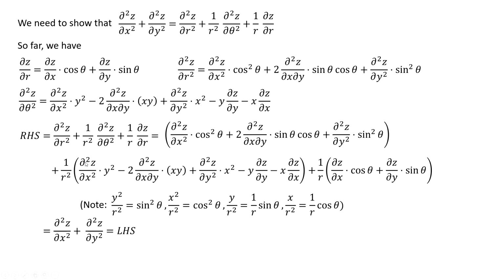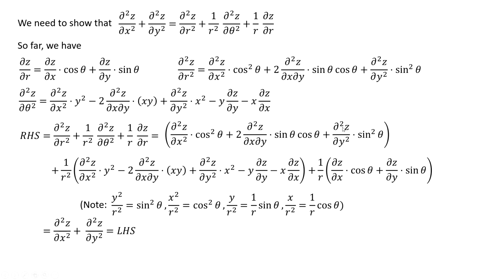So do I have second partial z with respect to x sine square theta? Earlier, do I have second partial z with respect to x cosine square theta? Now, am I adding these two quantities? So can I factor out a second partial z with respect to x so that I get cosine square theta plus sine square theta? That's equal to 1. Are these the only two terms with a second partial z with respect to x? You bet. So that's why you get this.